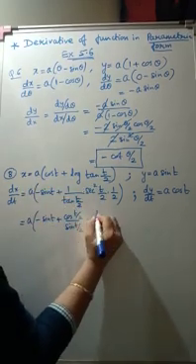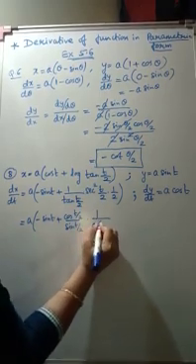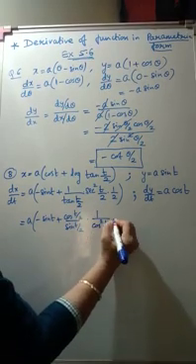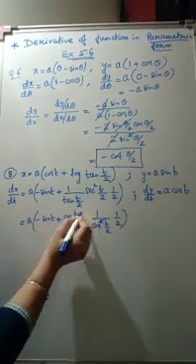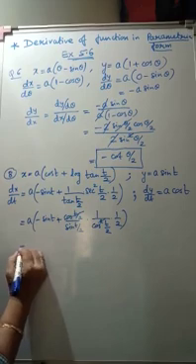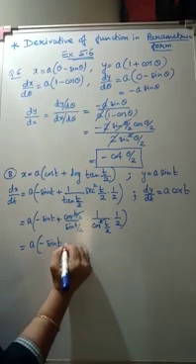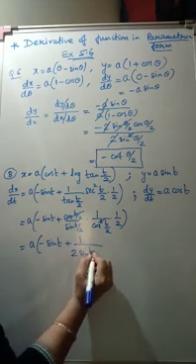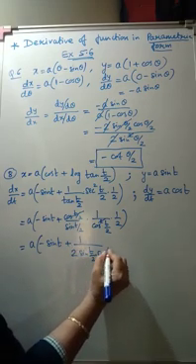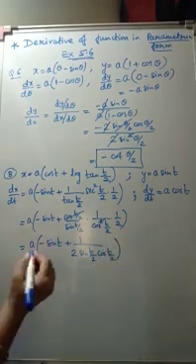And sec square t by 2 is 1 by cos square t by 2 into half. So cos square and cos will get cancelled. So you get a into bracket minus sin t plus 1 by 2 sin t by 2 cos t by 2, and dy by dt is as it is.